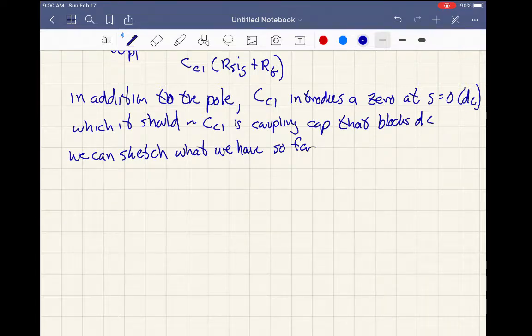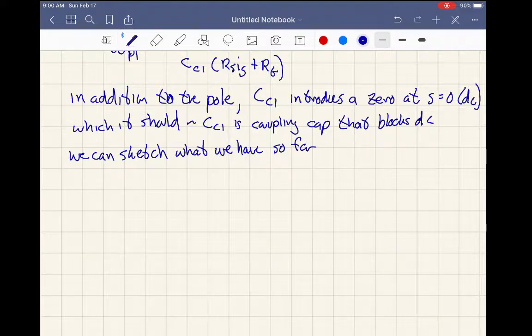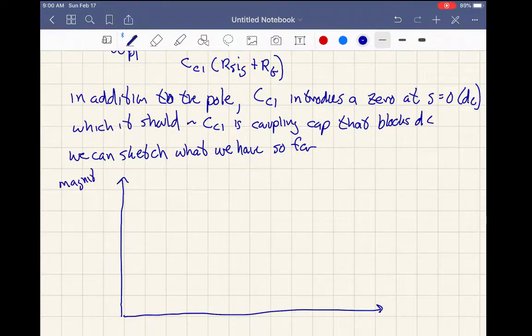We're going to put magnitude in dB, and omega on a log scale on our horizontal axis.